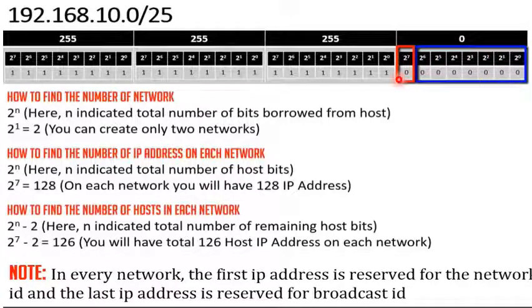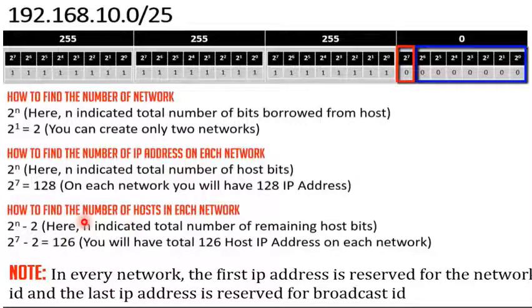Out of 8 bits, 1 bit is allocated for network, so the remaining 7 bits are available. So the n value becomes 7, starting from 2 power 0 and ending with 2 power 6. Applying 7 instead of n, 2 power 7 gives you 128. So each network has 128 IP addresses. I hope you understand this concept.